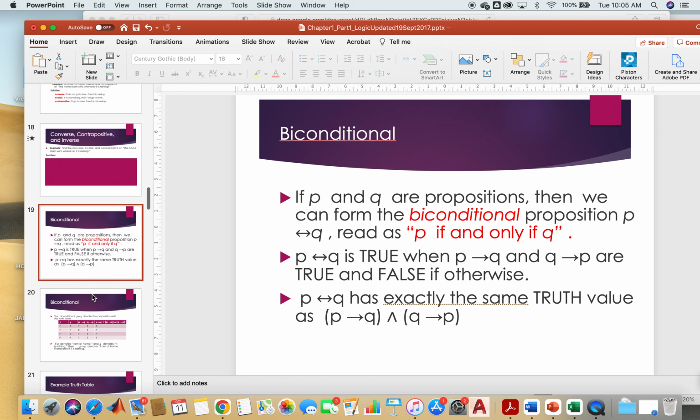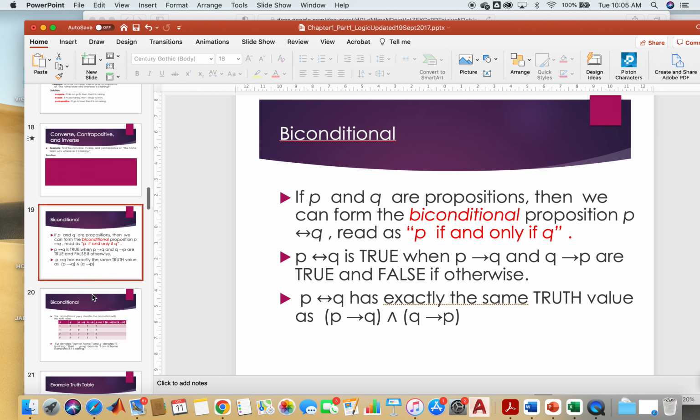Right, so the disjunction is denoted by these symbols here. The truth table for the disjunction is as this. The conclusion we can make for the disjunction: if P and Q are both false, then the disjunction will be false.